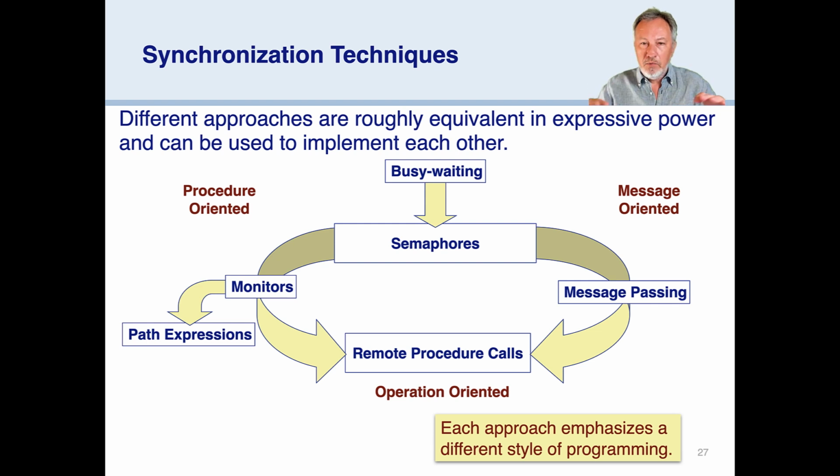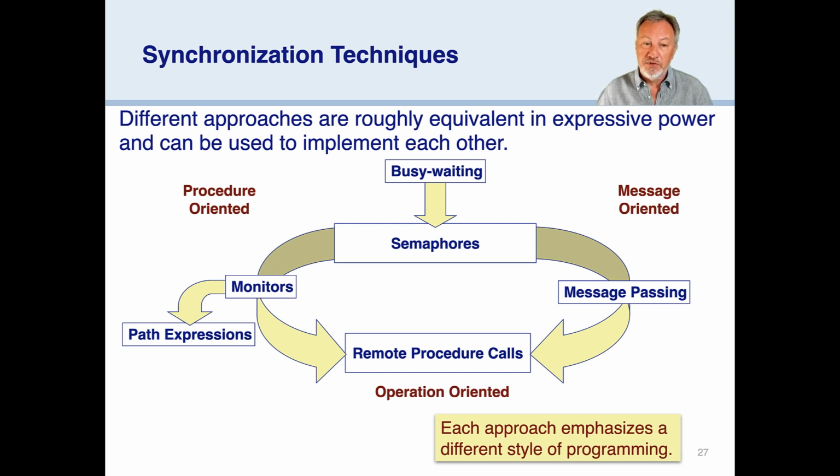Then, proceeding downwards, we get more and more sophisticated and advanced and higher level mechanisms. So the next approach, which is also a classic, is that of semaphores. So these are higher level locks that can be used to express a variety of different synchronization algorithms. Semaphores are still relatively low level, though they're higher level than busy waiting. Semaphores can be used as a lower level mechanism to implement other higher level mechanisms.